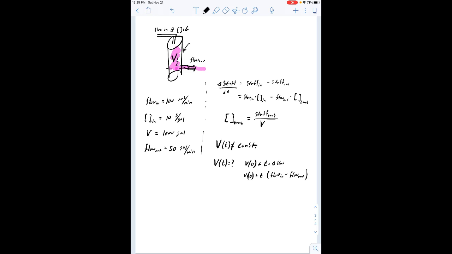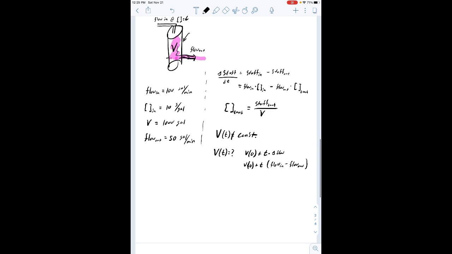We could always miss a negative here, so for a quick sanity check, we know that if my flow in is greater than my flow out, my tank water is going to be rising, which is what this gives. So we know that we have the right negatives. Okay? But now we know what V is as a function of time.